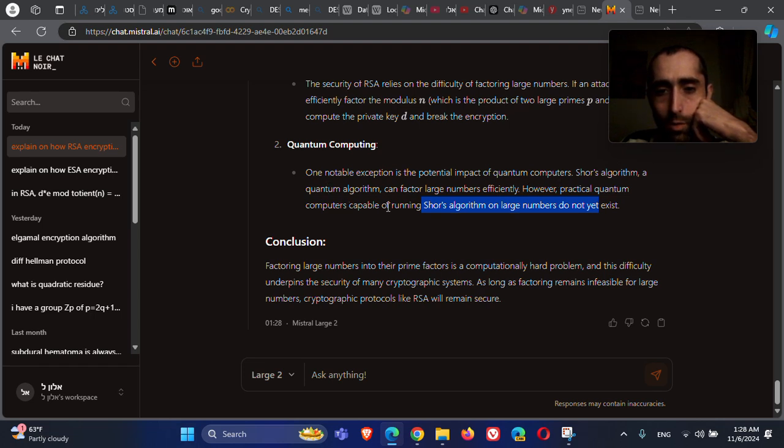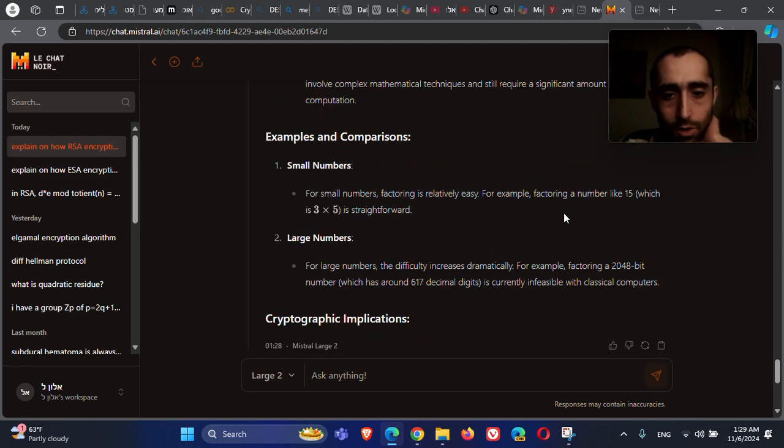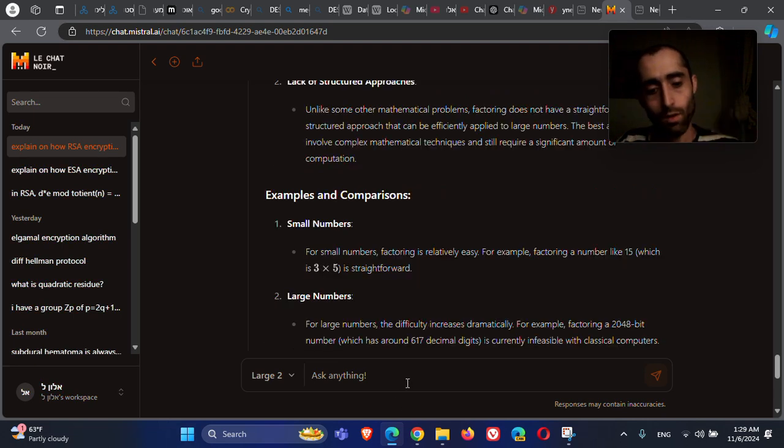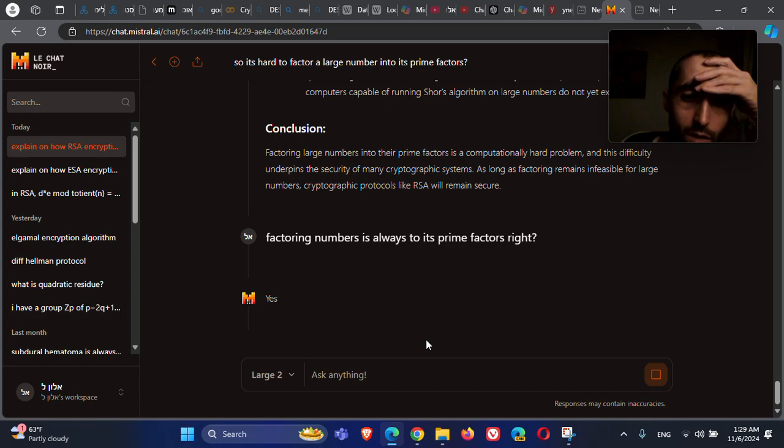However, practical quantum computers capable of running Shor's algorithm on large numbers do not yet exist. So factoring numbers is always into its prime factors, right? It must be, because otherwise they wouldn't be factors.